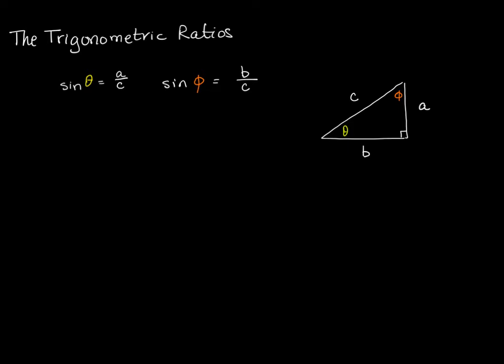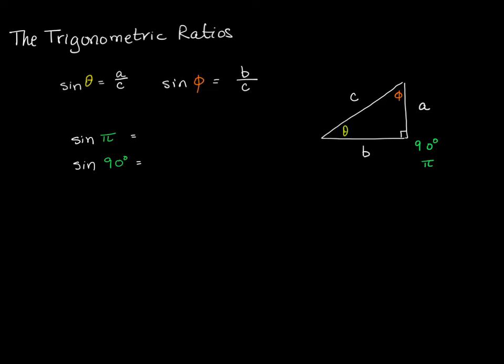What about our right angle? Does that have a sine? Let's take a look. For one thing, we know it's 90 degrees, or pi radians. What would the sine of pi, or the sine of 90 degrees, be equal to?